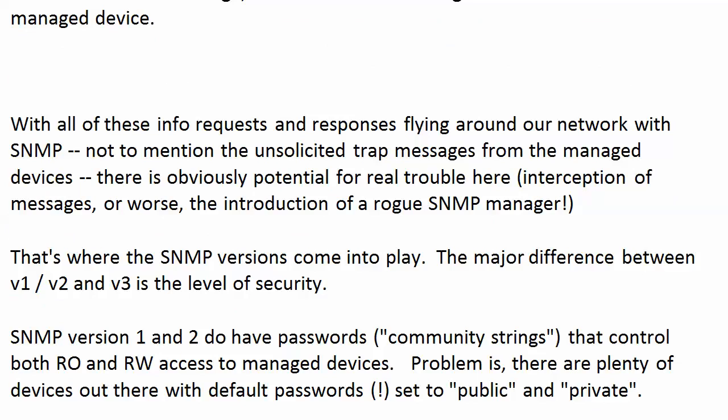It's called a community string. And these control both read-only and read-write access to managed devices. The problem is there are plenty of devices out there with the default passwords, and note the exclamation point, yes, default passwords set to public and private.